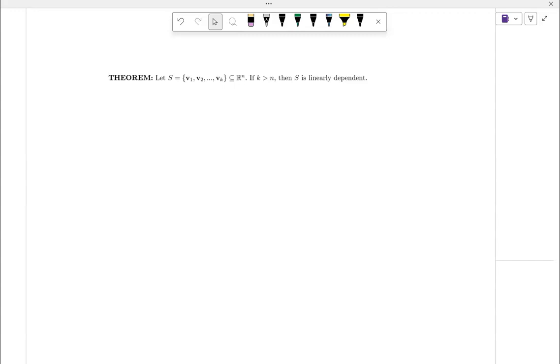So let's see if we can create our system of equations like we just talked about. So we want to, again, consider a linear combination that gives us the zero vector, right?